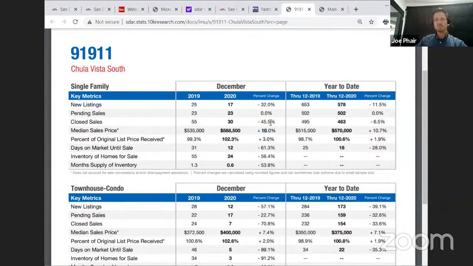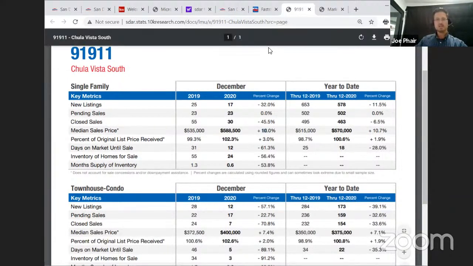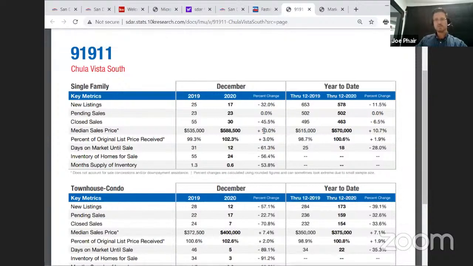So these numbers are going to be slightly different. The reason I'm covering this first, guys, is because when you're doing a CMA, if you're in an area that you don't know particularly well, which frankly is going to be almost everywhere other than your immediate market where you live, the first thing you want to do is just pull this up and say, okay, what's going on? I got a listing presentation down in South Chula Vista.